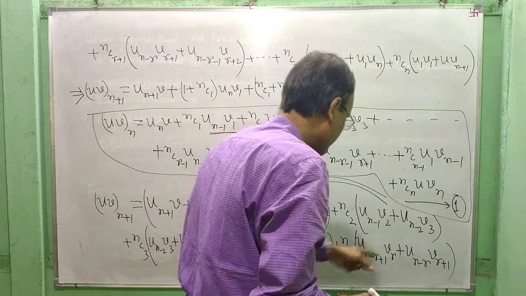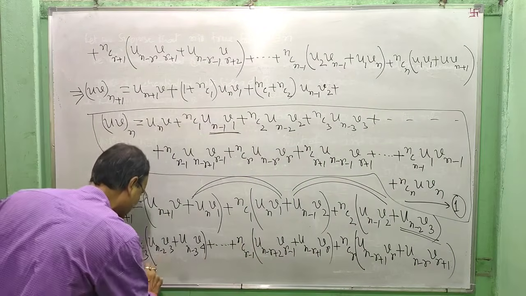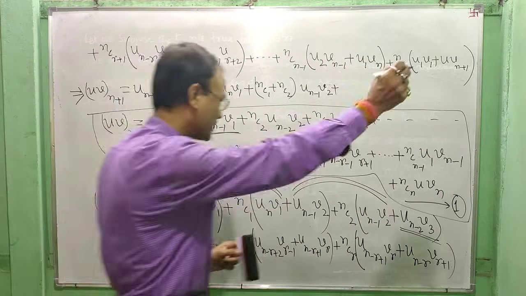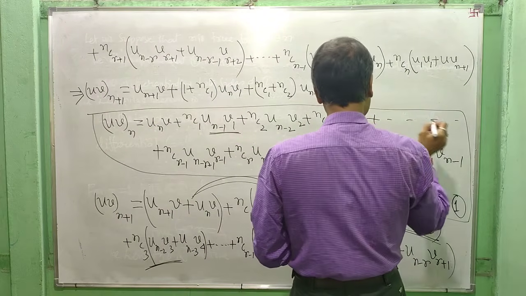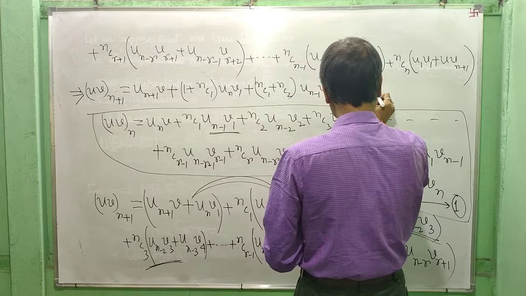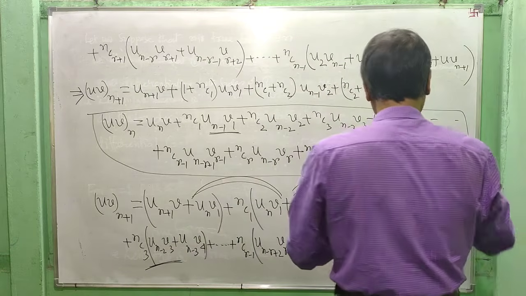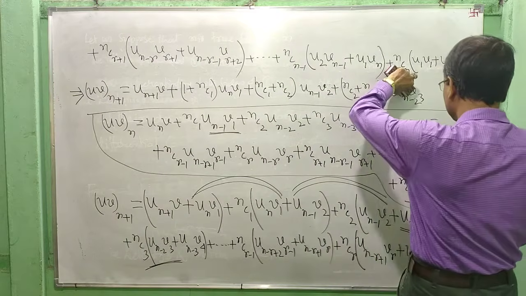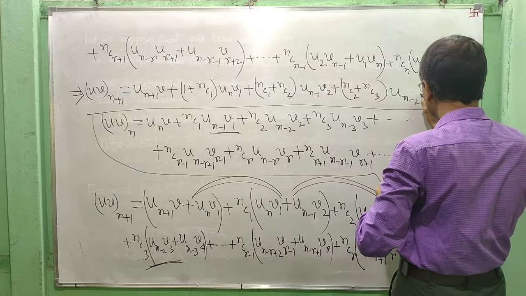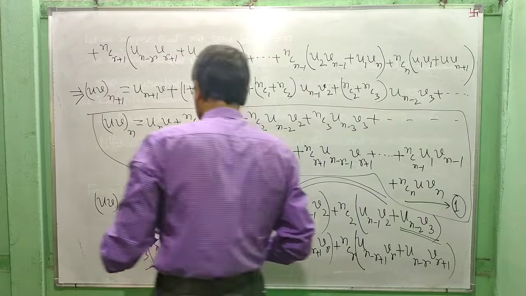Next term will be this term, u^(n-2) v3, (nC2 plus nC3) u^(n-2) v3, plus dot dot dot.